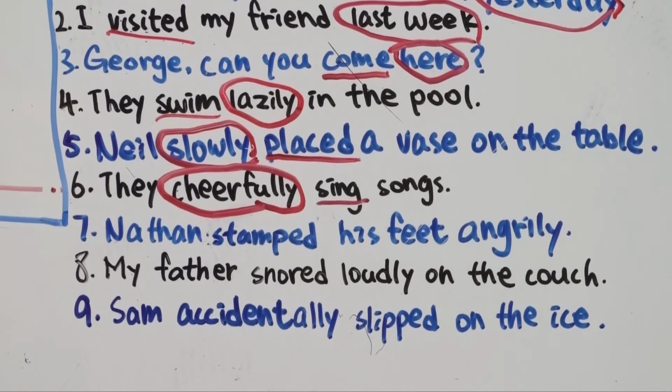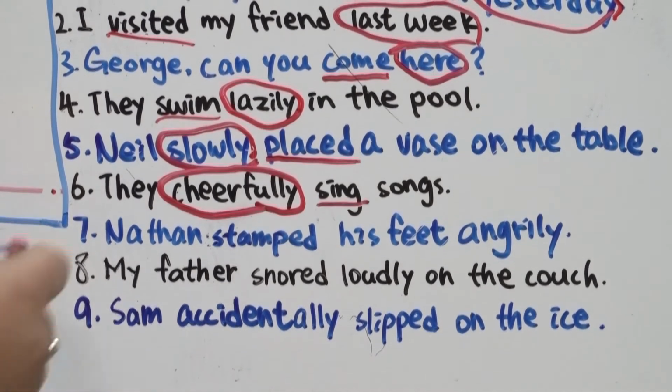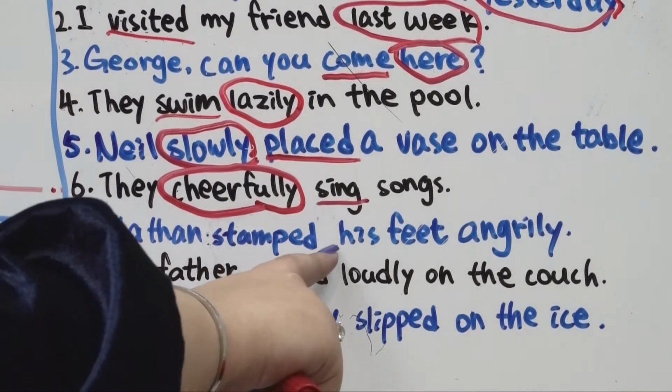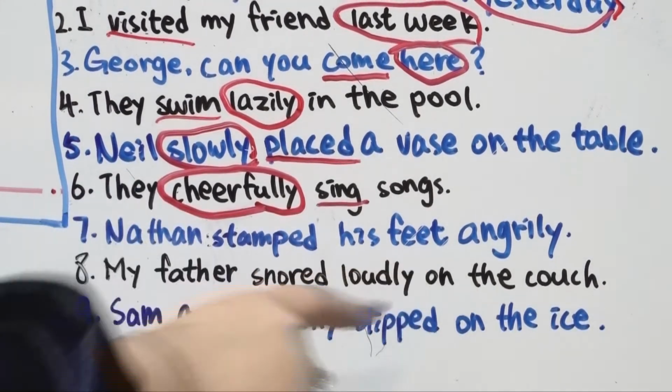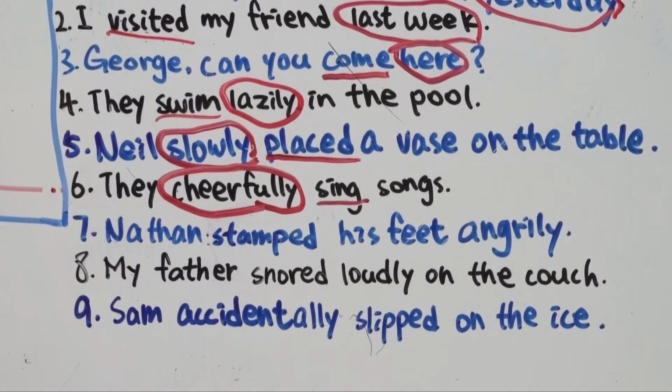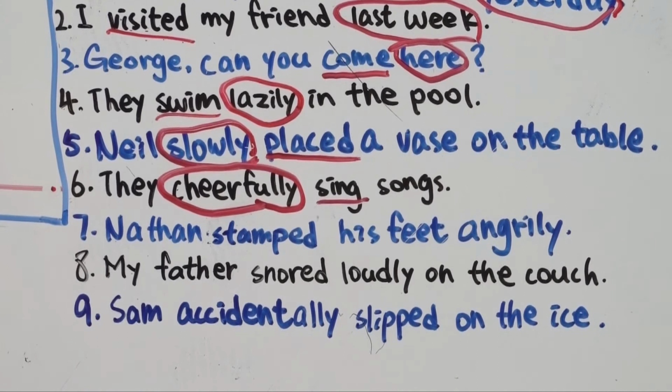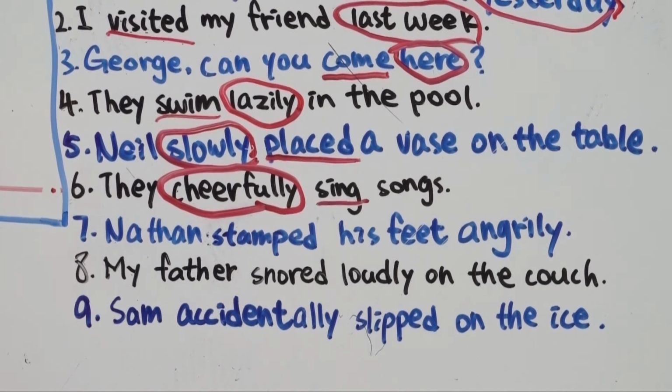All right, your time is up. Let's look at questions 7 to 11. Okay, let's do it. Number 7. Let's read. Nathan stamped his feet angrily. Which one is the action here? Do you know what's the meaning of stamp?